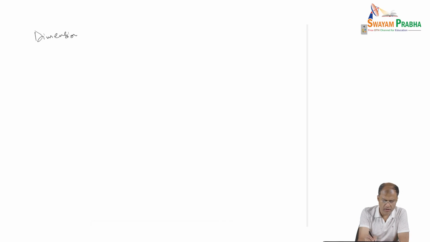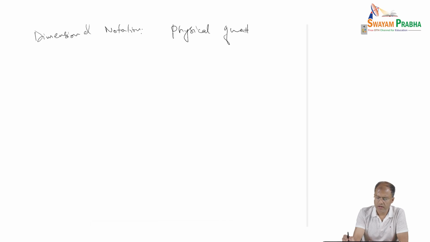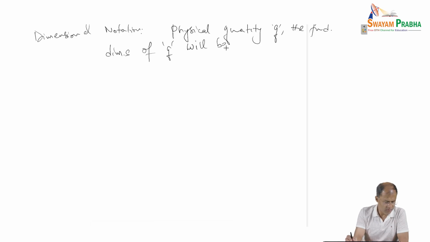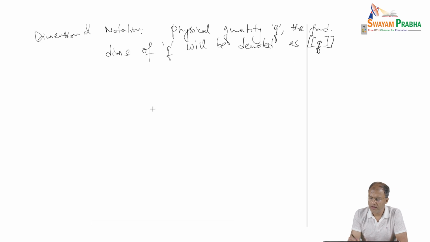Suppose we are given a physical quantity Q, and the fundamental dimensions of Q will be denoted by double bracket Q. We use this notation, double bracket of Q, as the fundamental dimensions of Q, right?